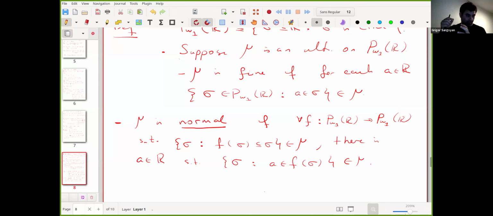Now f of sigma will usually be the set of possible parameters about which you know something is true. And now we would like to fix one for which we know on a measure 1 set it is true. Normality says this particular A has the property on a measure 1 set. So you should think of this f of sigma as the set of witnesses to some Sigma_1 statement, and normality is allowing us to pick one point. So, for example, things like Vaught's theorem, right? That's what we will be using this kind of thing.